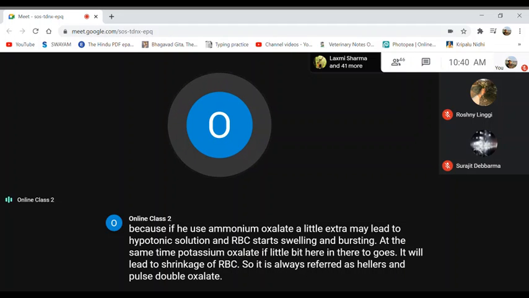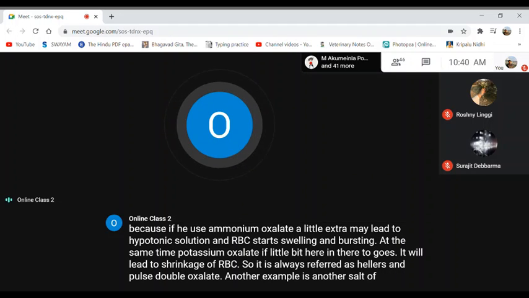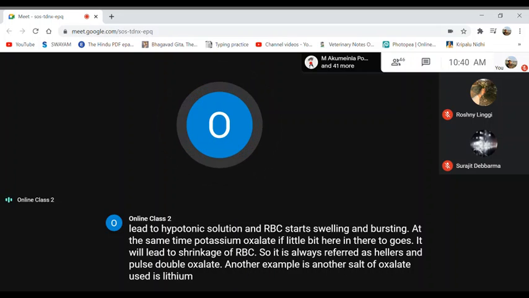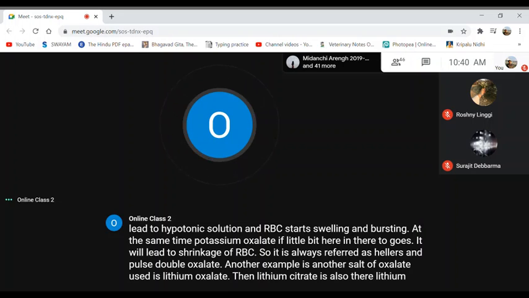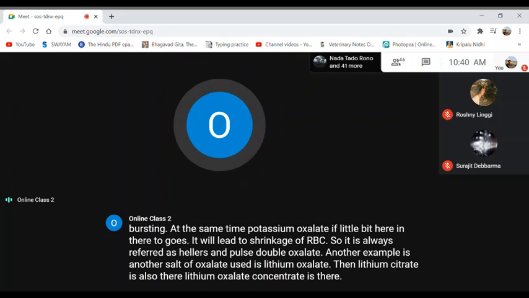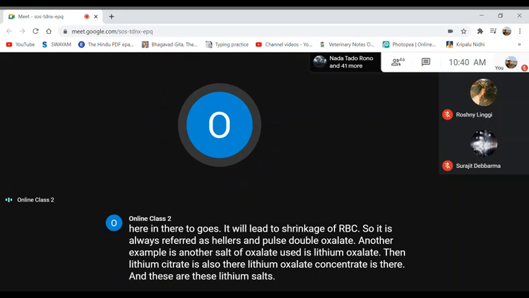Another salt of oxalate used is lithium oxalate. Then lithium citrate is also there. These lithium salts are used for mineral constituent analysis.